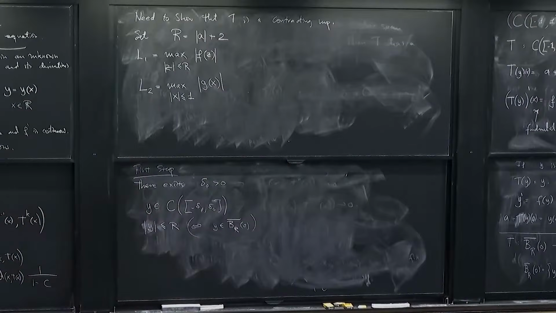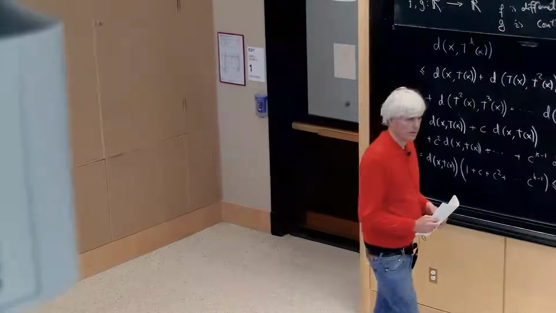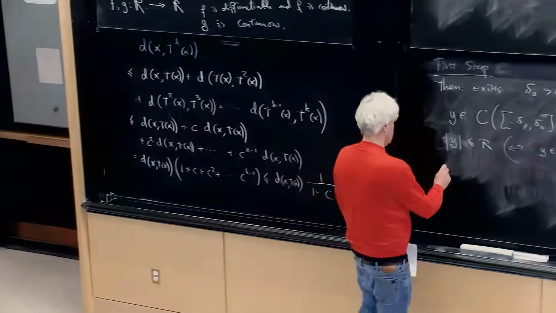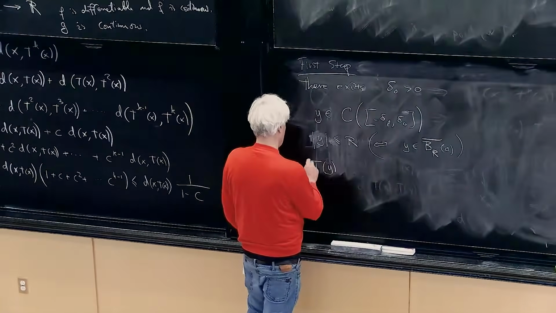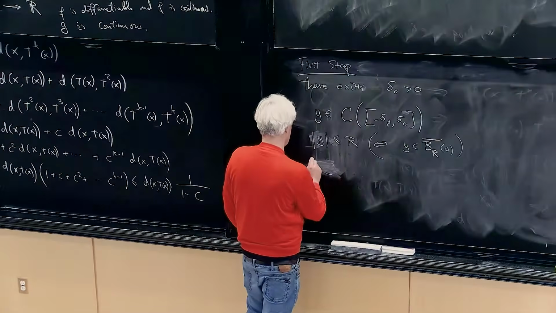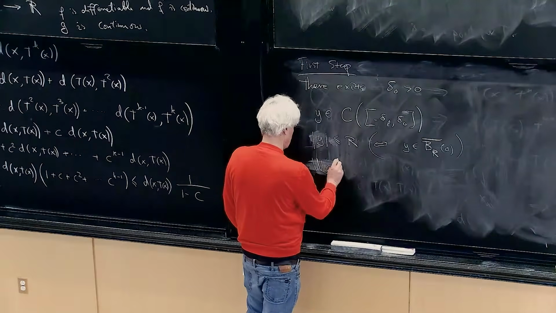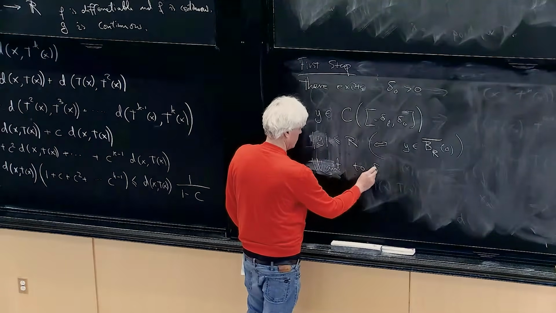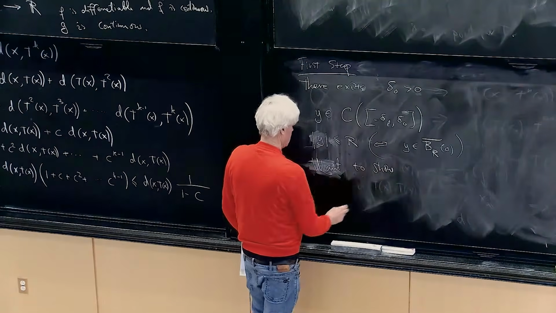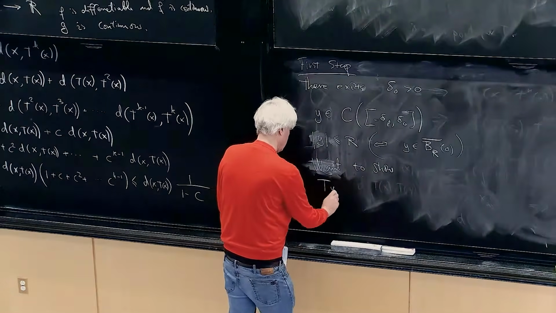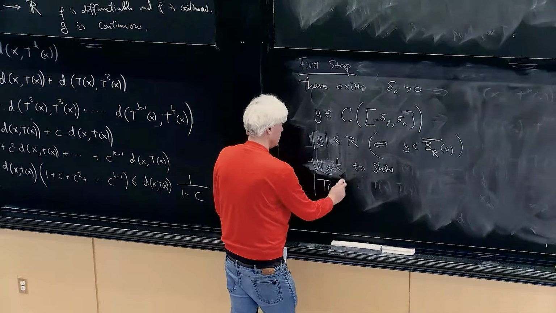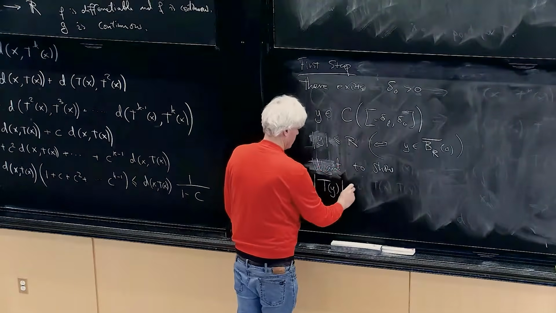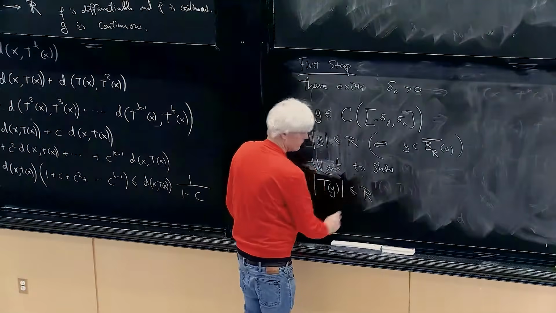Okay, and I want to show that T of y is in the same space, right? So I want to show that T of y at each x here has norm less or equal to r.